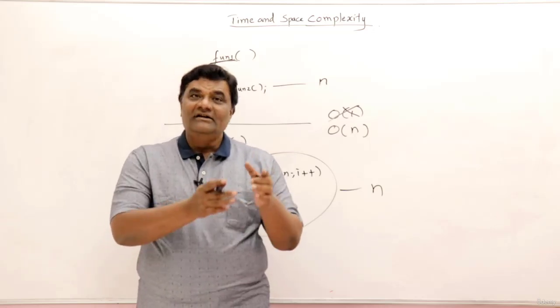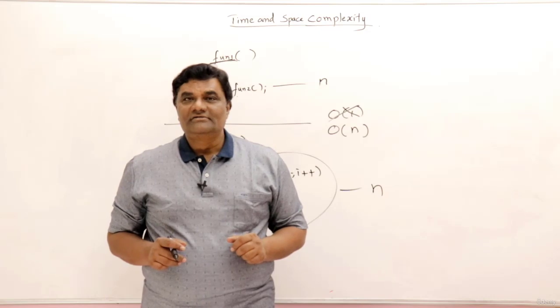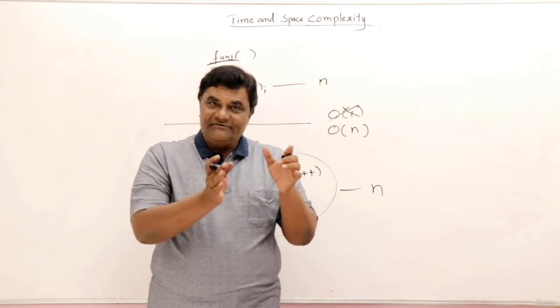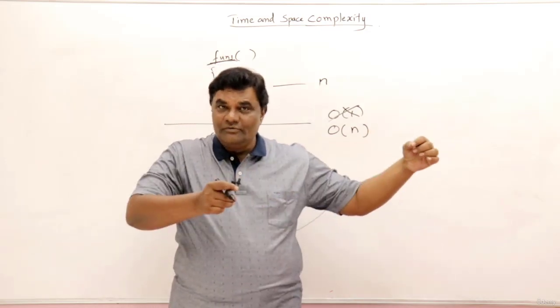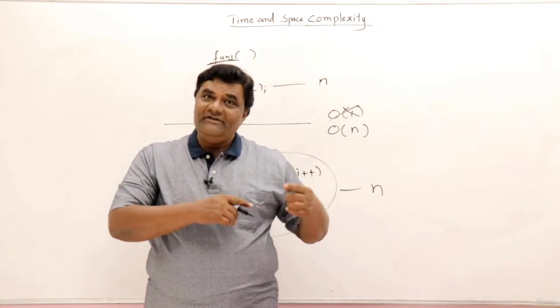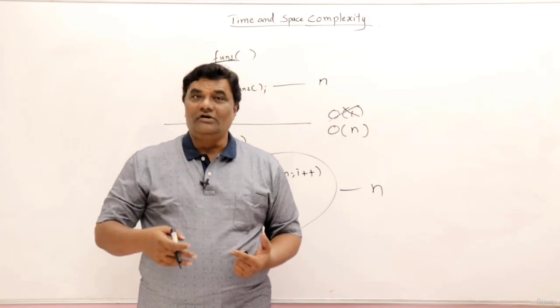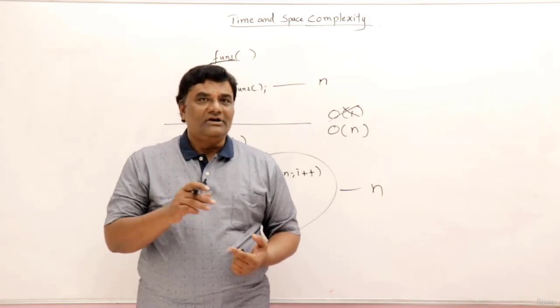Sometimes students think, for loop, okay, I understood. While loop, how to do that? So for loop, if it is repeating from 1 to n, an incremental counter-controlled loop, then it is n. If it is behaving in a different way, then definitely you have to read the code and understand. Maybe it is log n or root n, you have to find out.